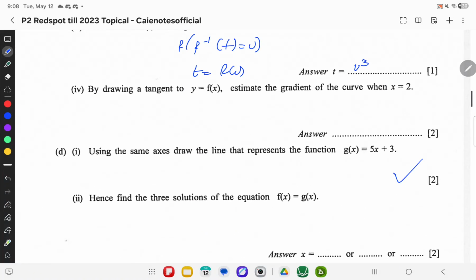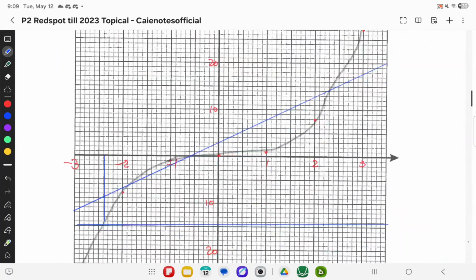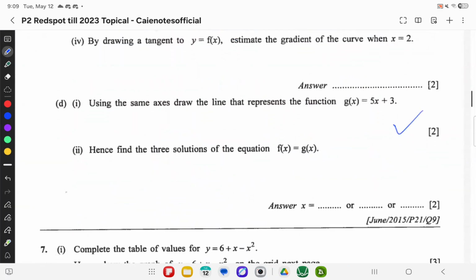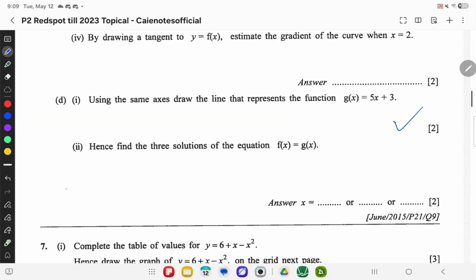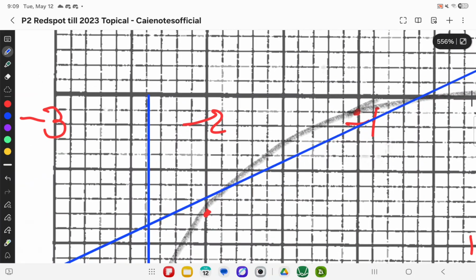Good. When you draw stuff for questions, let's mark it with a tick. Hence, find the three solutions to the equation f of x is equal to g of x. What does it mean? Find when these two overlap, when these two intersect. Not touching, please.